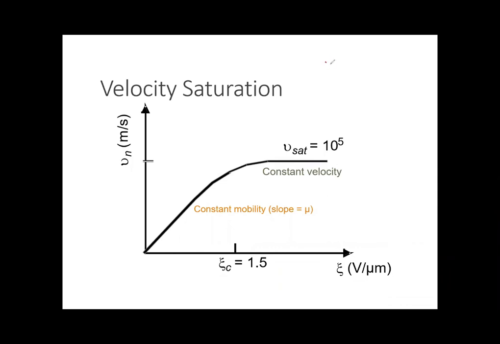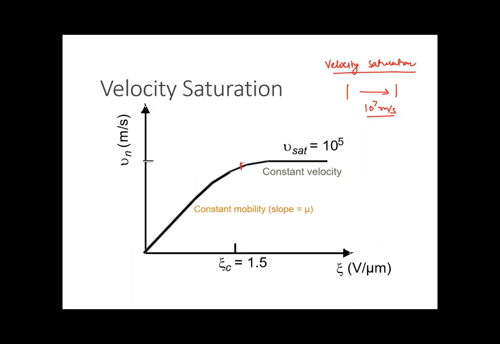This is because of velocity saturation. So what is velocity saturation? It means you keep on increasing the electric field, but the maximum velocity possible is 10 raised to power 7 meter per second, and beyond that, no matter how much you increase, it will become constant.